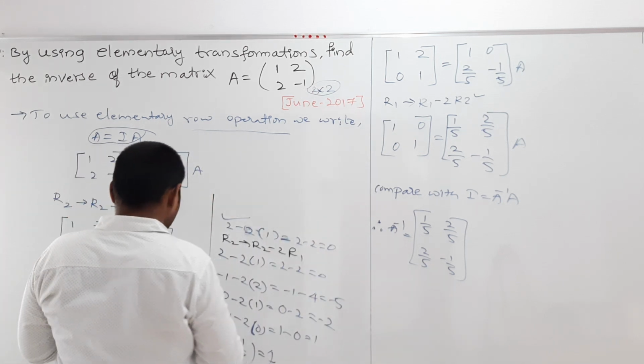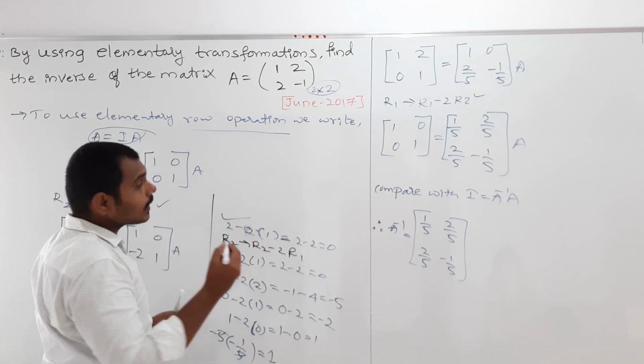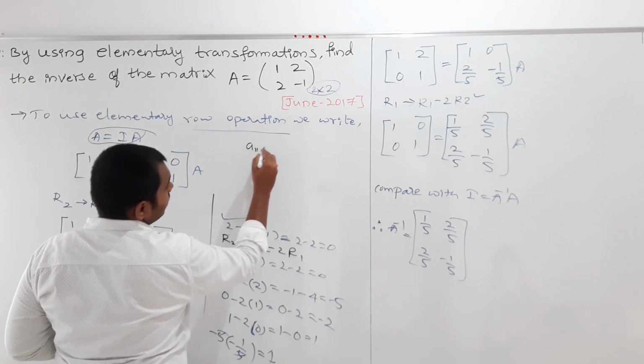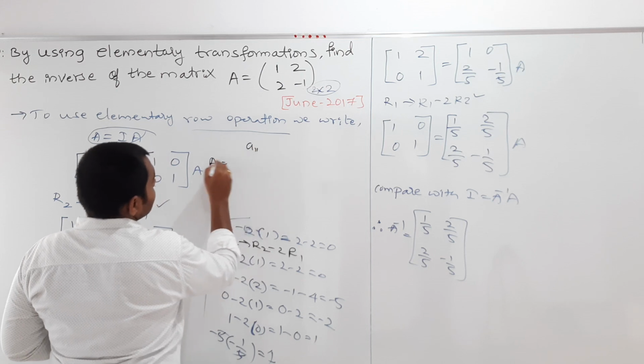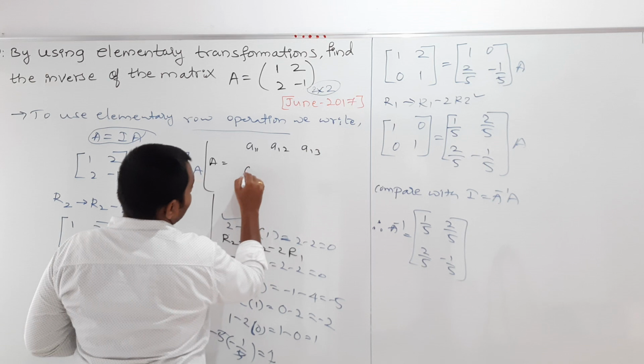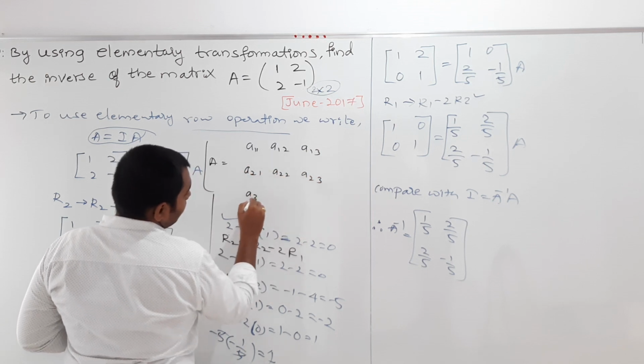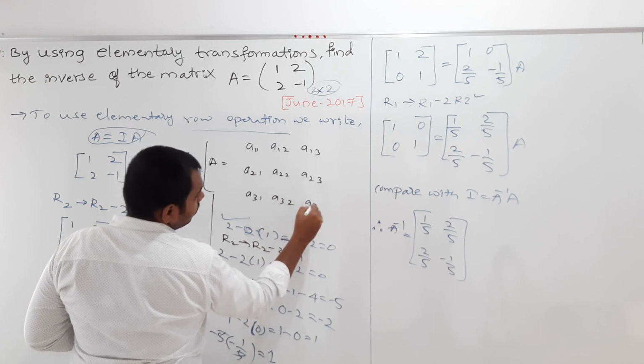I will show how to convert the LHS part into the identity matrix. If the matrix is generally like this: A11, A12, A13, A21, A22, A23, A31, A32, A33.